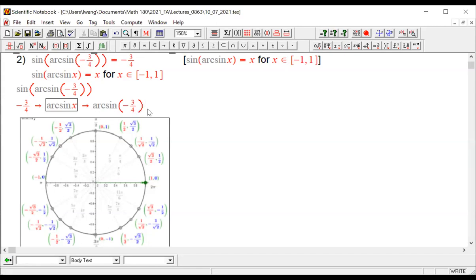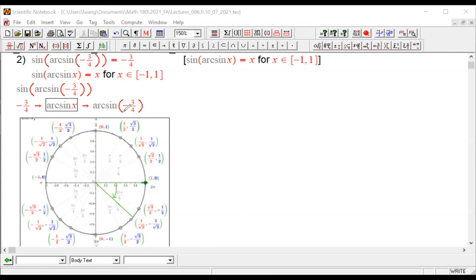This angle is going to be between -π/2 to π/2, in particular because it's a negative ratio. The angle is measured from the standard position clockwise, probably ended up here. I don't know the exact value of the angle. I just know this is the angle.